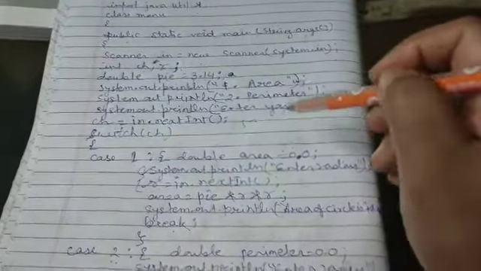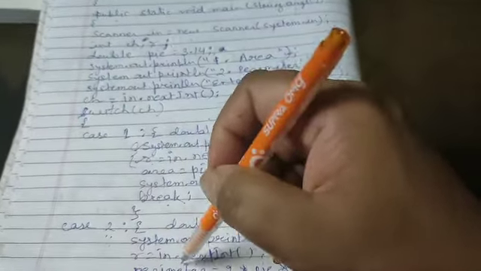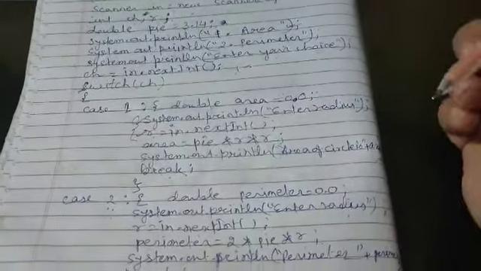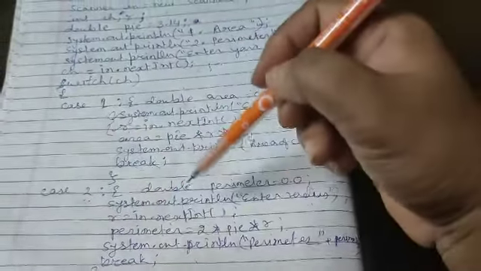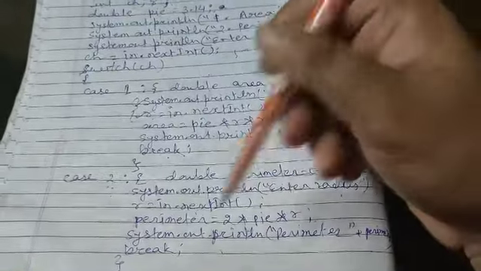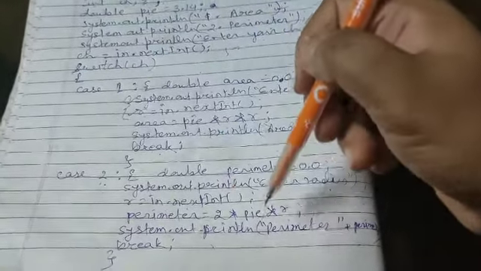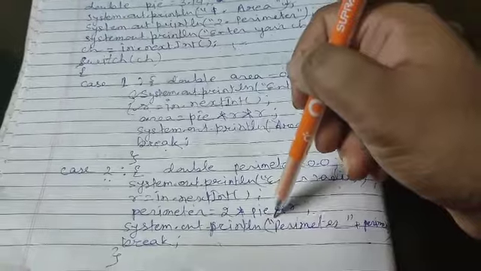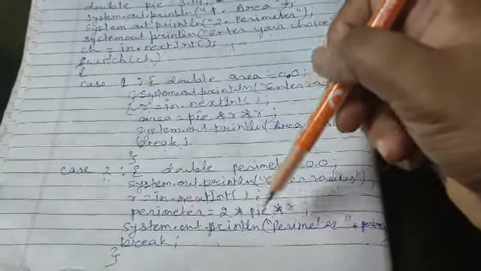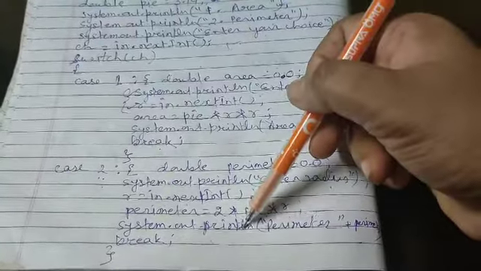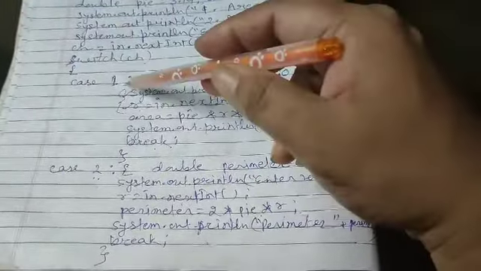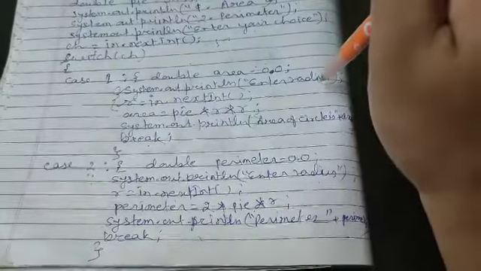And if I want perimeter, then also I can enter r and perimeter will be calculated and printed. So whatever variable you want to use in one case, you can declare in that particular case, and it will be private to this case. It will not carry on over here. So if one is entered, then only this part is going to be executed.